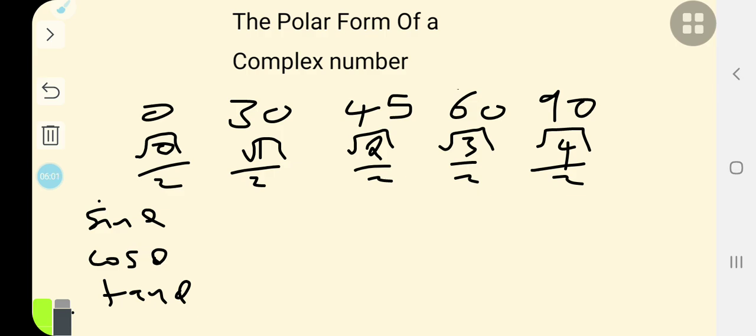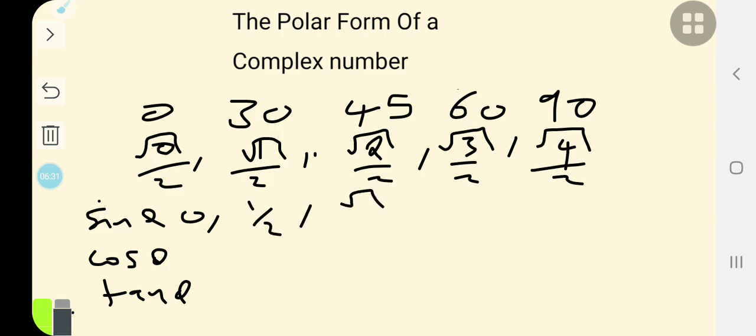Let me start with sine. The square root of 0, we know that is 0, and 0 divided by 2 gives 0. So if you punch sine 0 on a calculator, it must give you 0. The square root of 1 will just give us 1, so I'm going to have half here.